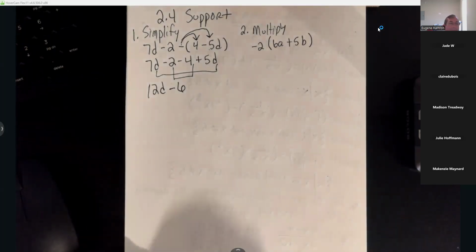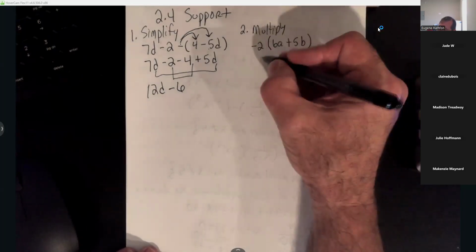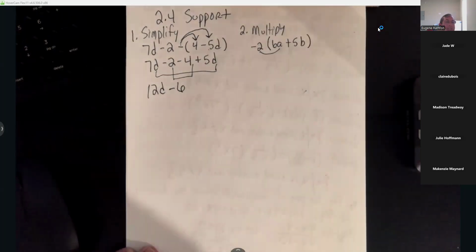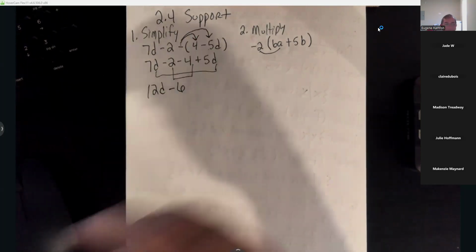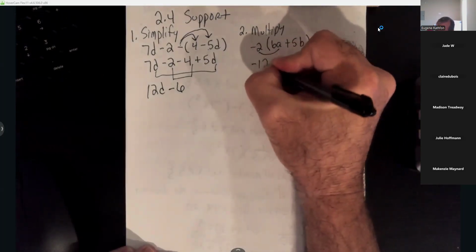So here you go. Y'all multiply this through. What is negative 2 times 6a? So negative 12a, good job.